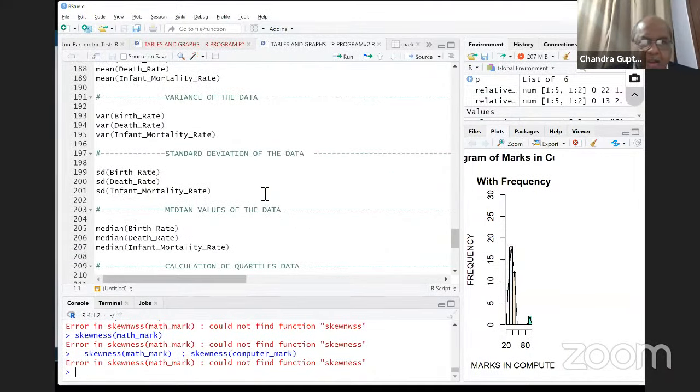I think I need to install the fBasics library.